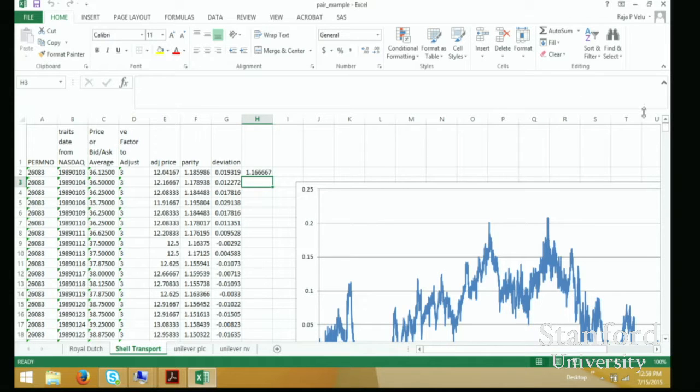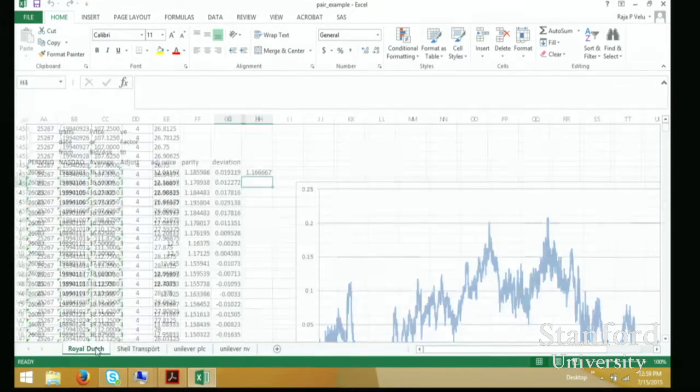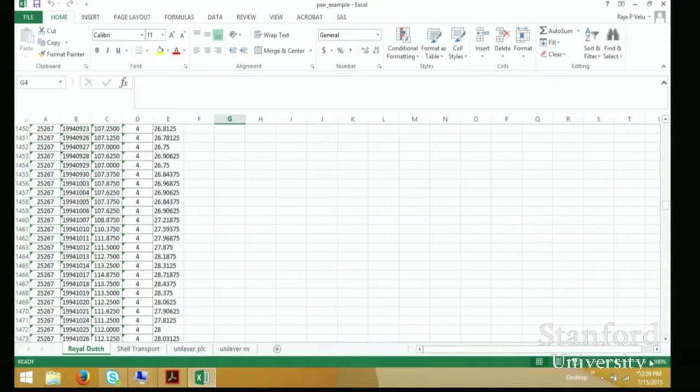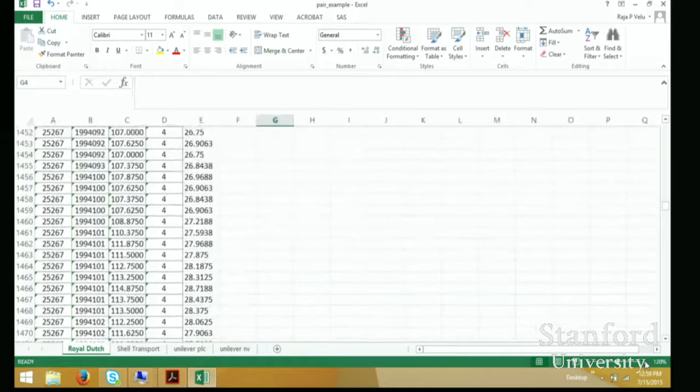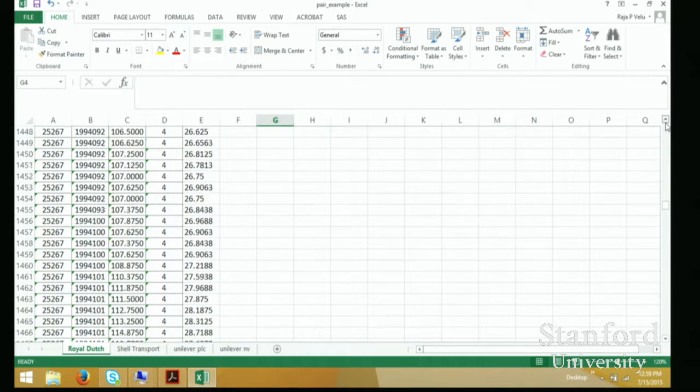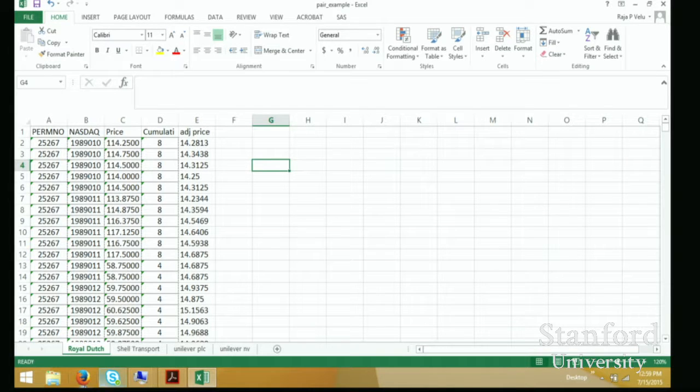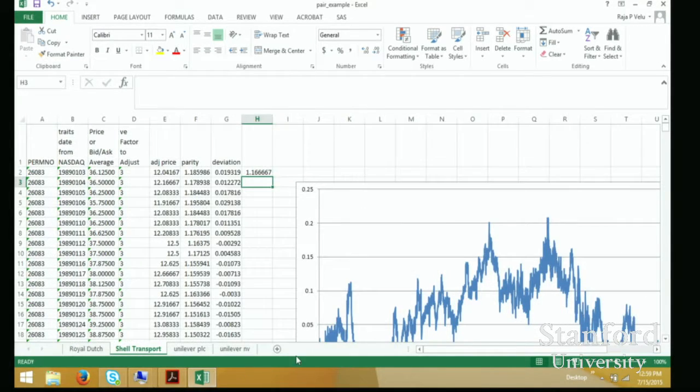So, you can see that I posted this data on Blackboard, under coursework, you should be able to see. So, this is the Royal Dutch data. You can see from 1989 onwards, that is the adjusted price, and this is the Shell Transport data.